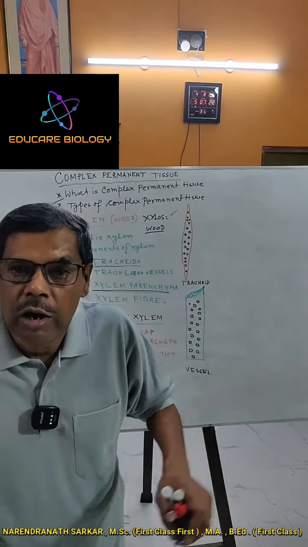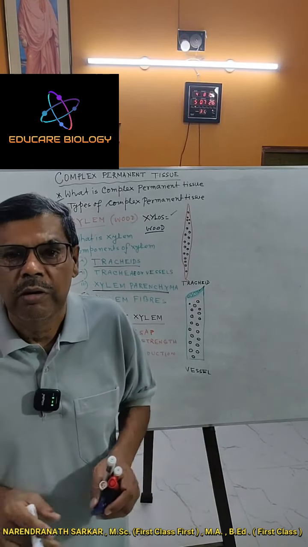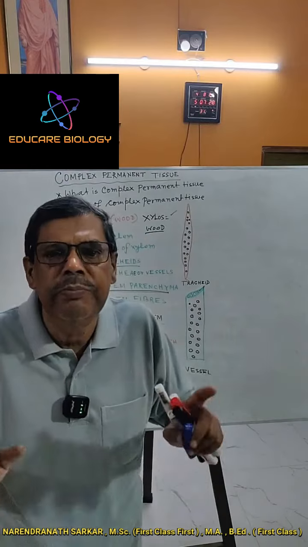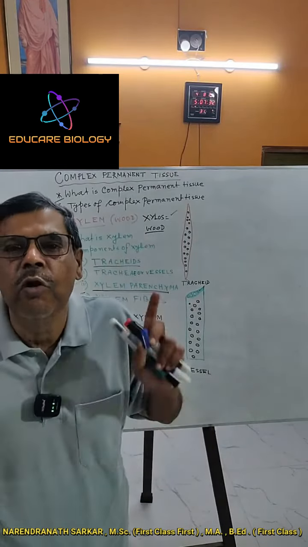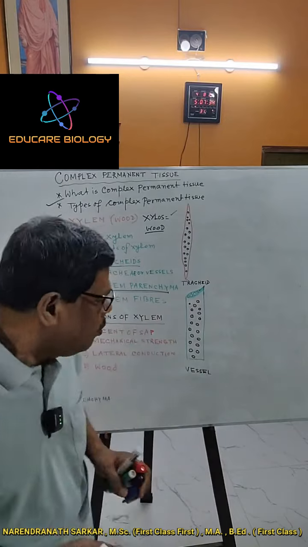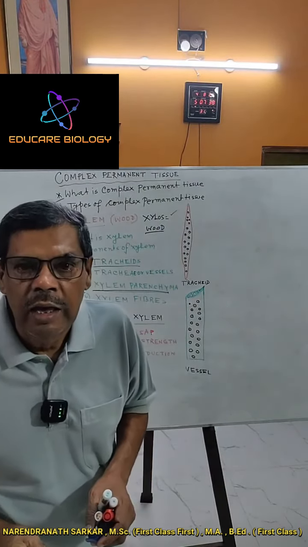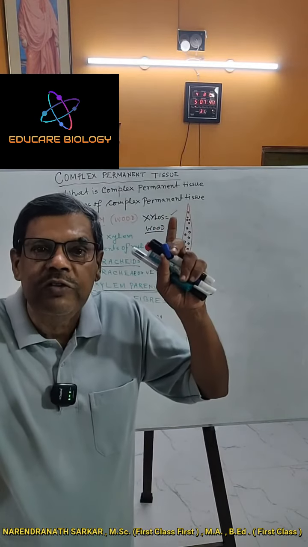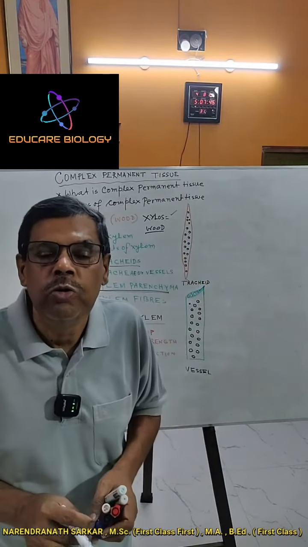The transverse walls are dissolved, or sometimes they may be present but perforated. Mainly they are dissolved. So, from the roots to the leaf, there is a long tubular structure continuous from root to leaf.